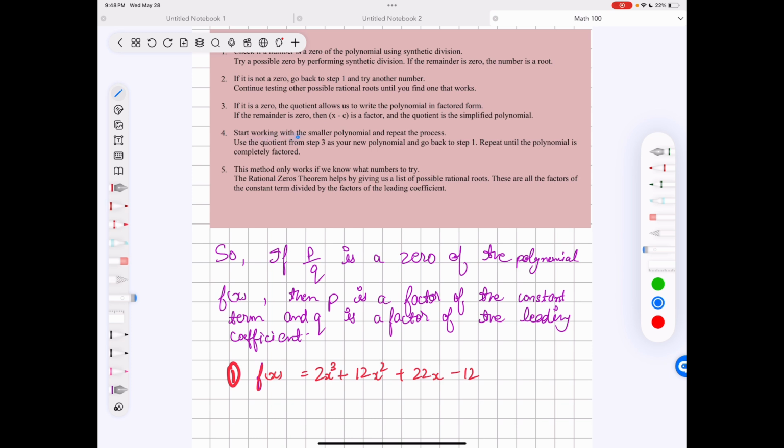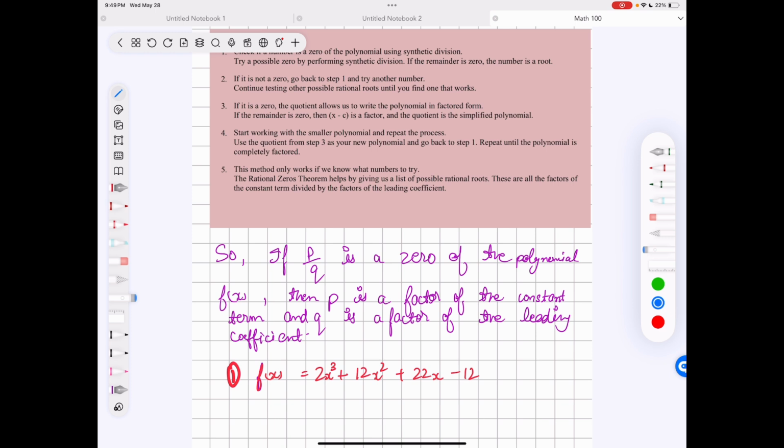So we start working with the smaller polynomial and repeat the process. Use the quotient from step 3 as a new polynomial, go back to step 1, and repeat until the polynomial is completely factored.